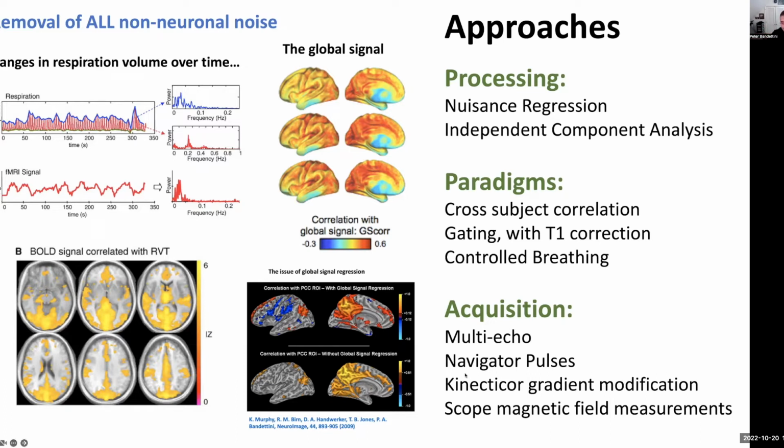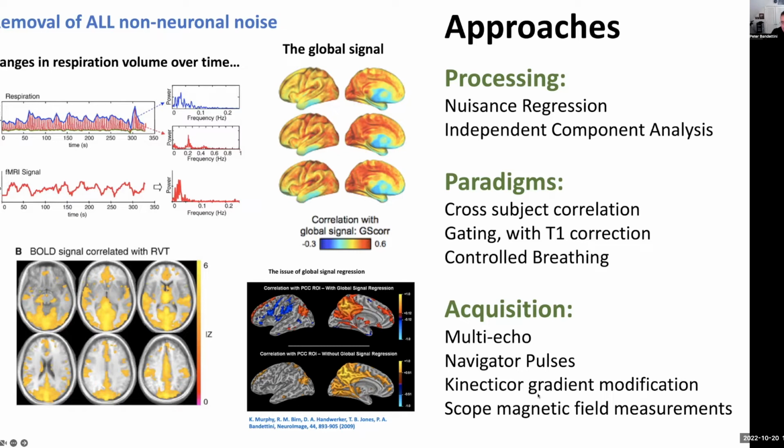That's critical. There was a company, Kinetic, that came out several years ago that, based on looking at the motion of the head, had cameras set up looking at Moiré patterns. They were feeding this into the gradient system and adjusting the gradients to the motion of the head. It kind of works.